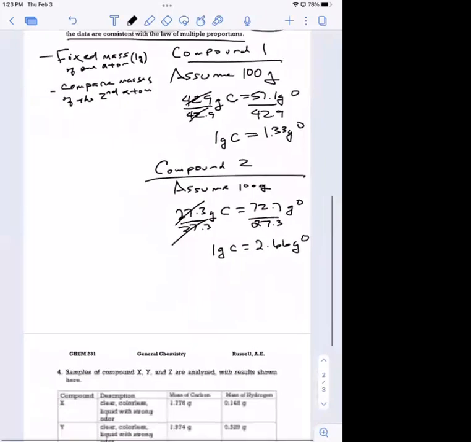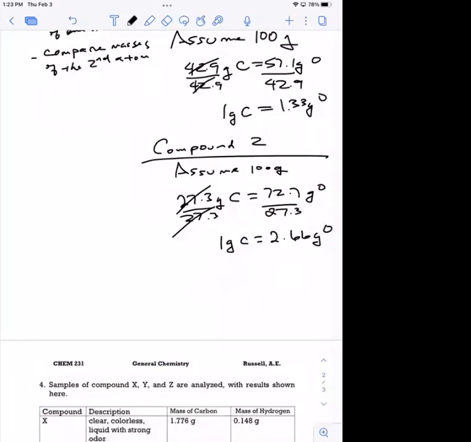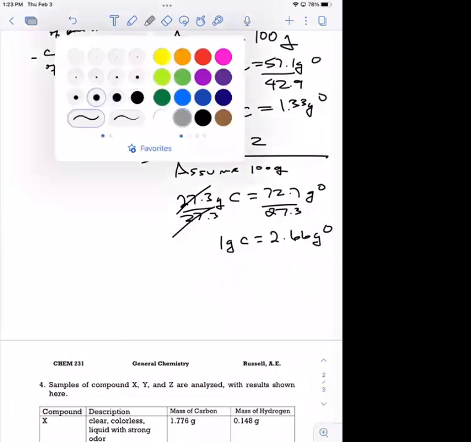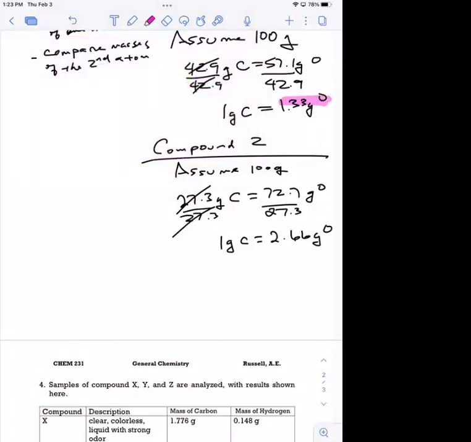All right, so now that's the first part. We got our fixed mass, we made it carbon. So now what we want to do is take the masses of oxygen and put them in a ratio to see if we get a small whole number ratio.